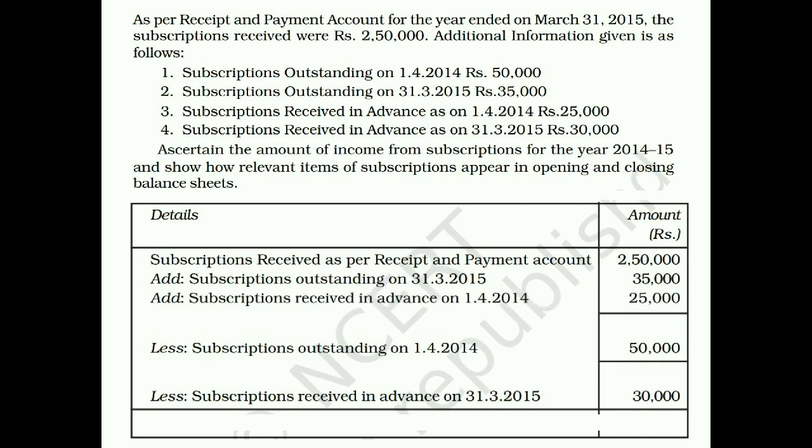After doing the sums, first it is 3,10,000, after deducting 50,000 it is 2,60,000, and after deducting another 30,000, we get the income from subscription for the current year 2014-15, that is 2,30,000. I think you have got that, and if you have missed anything, let's take another example.